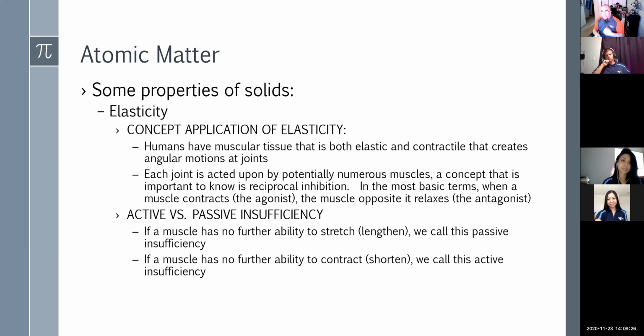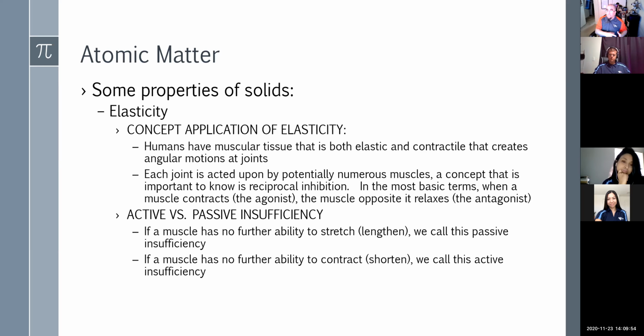That's where we get this idea of active versus passive insufficiency. In active insufficiency, if the muscle cannot contract, cannot get any shorter, it is actively contracting, therefore it is actively insufficient. If a muscle cannot lengthen anymore, it can't get stretched any further, that is passive insufficiency.